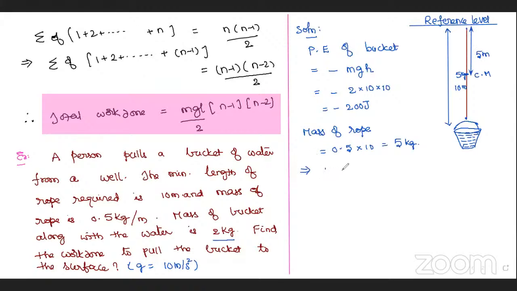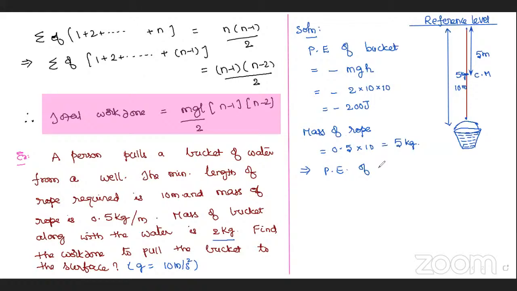So why do I consider the potential energy of the rope? Because while pulling the bucket of water, you can't keep your hand into the well and directly hold the handle of the bucket. With the rope only you are pulling, which means you are pulling the bucket of water along with the rope. The rope is also pulled to the surface.